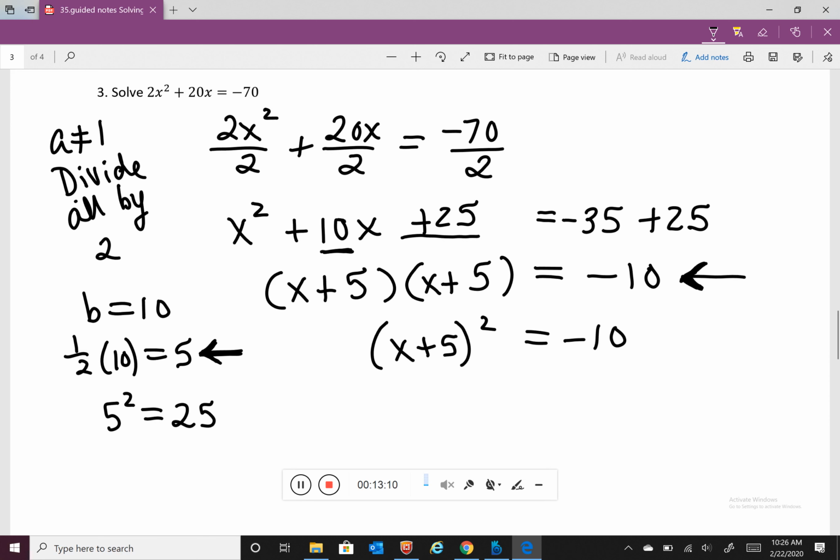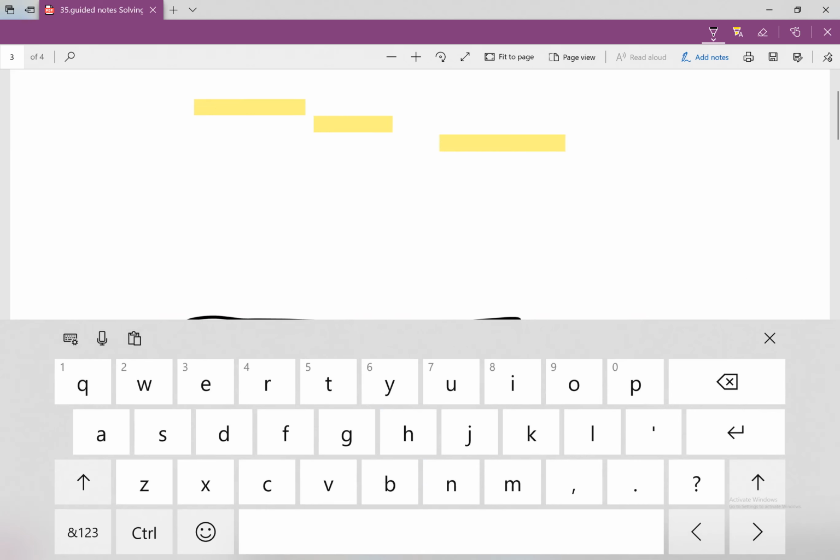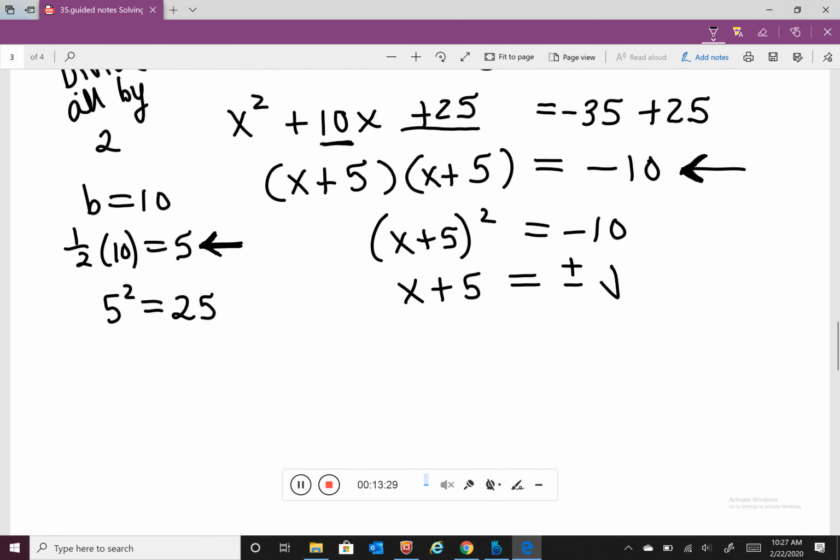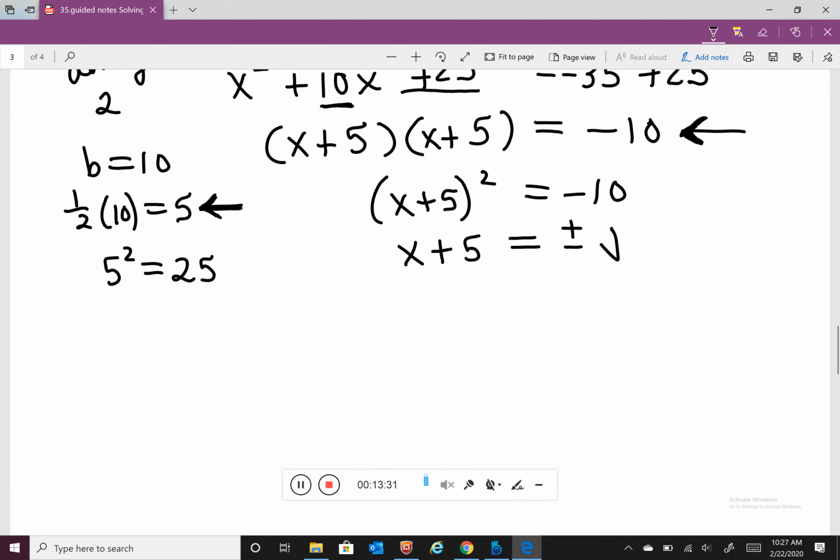And applying the square root property, we have the square root of x plus 5 squared gives us x plus 5. And because this is quadratic, we have two solutions, positive or negative square root of negative 10.